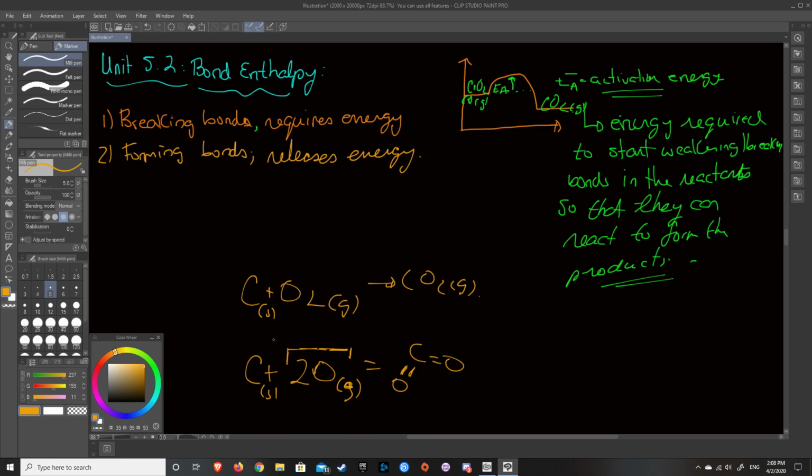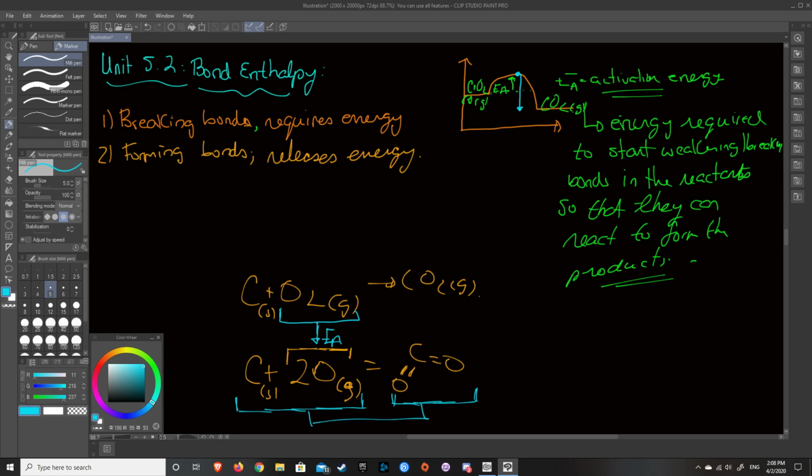So this part to here is our activation energy, and this part to here is the enthalpy change. That part is the energy from the top of the hill all the way down to the bottom.